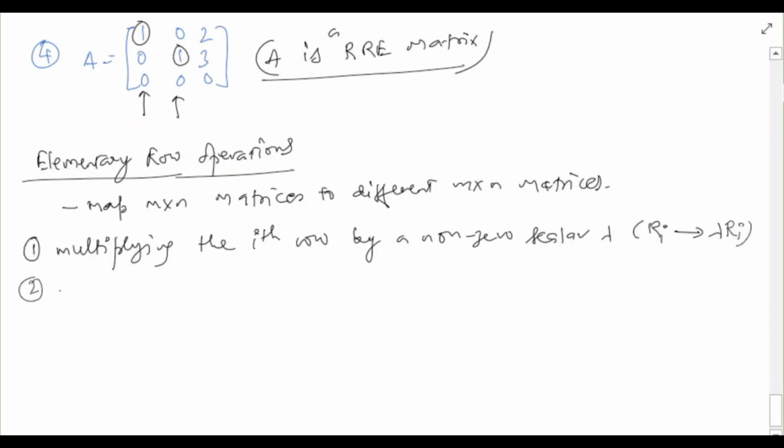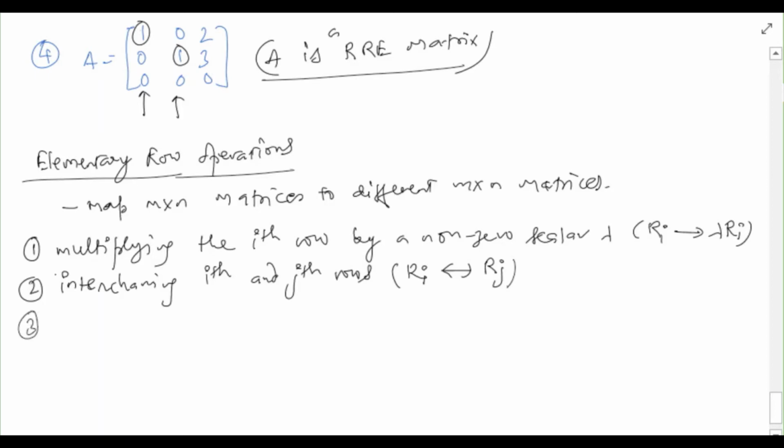The second elementary row operation is interchanging the ith and jth rows. This one is denoted as shown here.